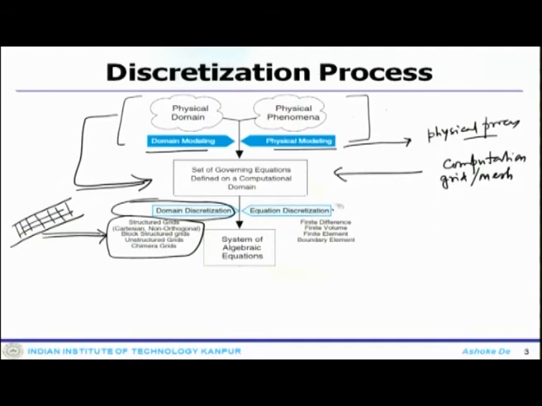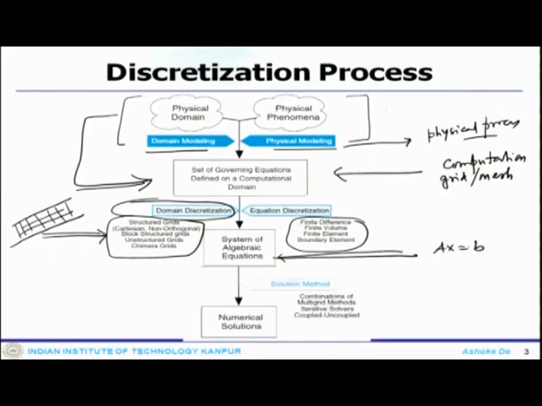Then you have governing equations, which you discretize through different schemes. Then you get the linear system Ax equals b, and finally you have different solution methods. The solution method could be multiple, because of how I can solve this linear system: it could be a direct solver or an iterative solver.